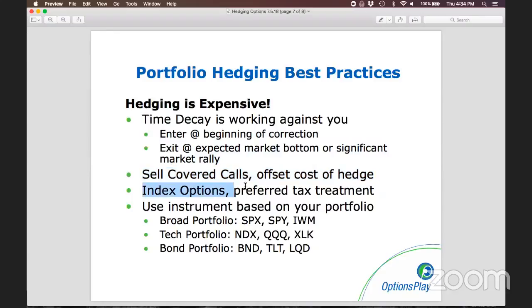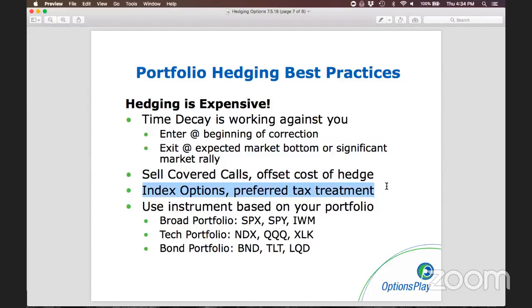Another thing you can use is index options as opposed to ETFs. Index options have preferred tax treatment. Most hedges will last less than 12 months, so the profits that you gain from your hedge are taxed as short-term capital gains if you're in a taxable account. If you're trading ETFs, you have to pay the full short-term capital gains on that.